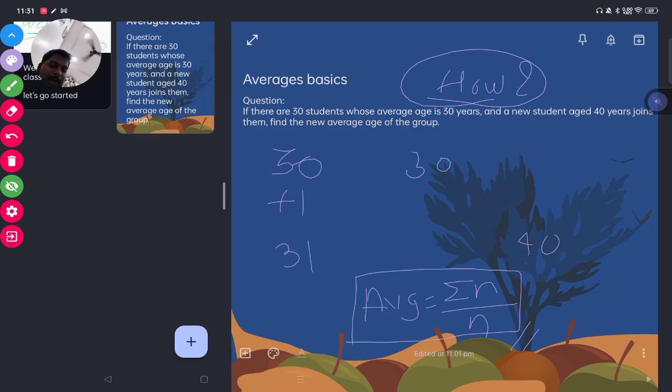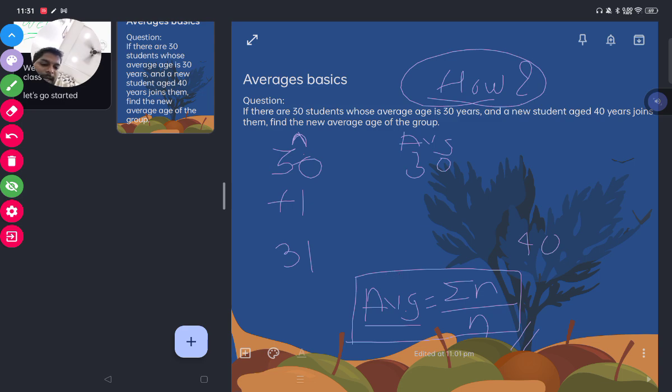Try to link what is given, what we have and what we can use. We have the average, which is 30, and we know the number of quantities n. From that we can find the summation of the n quantities.